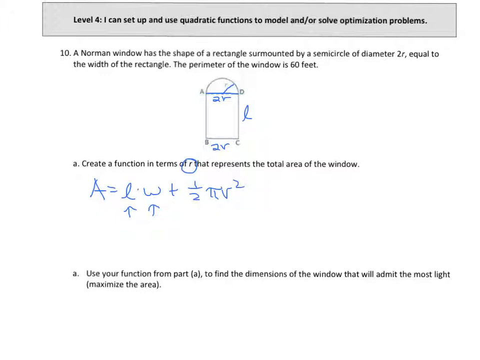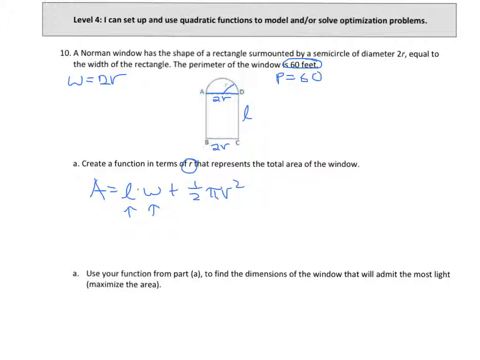I've already replaced w with an expression in terms of r. My next goal is to get the length to also be in terms of r. They told us that the perimeter of the window is 60 feet, so I'm going to use that information to set up an equation for the perimeter.